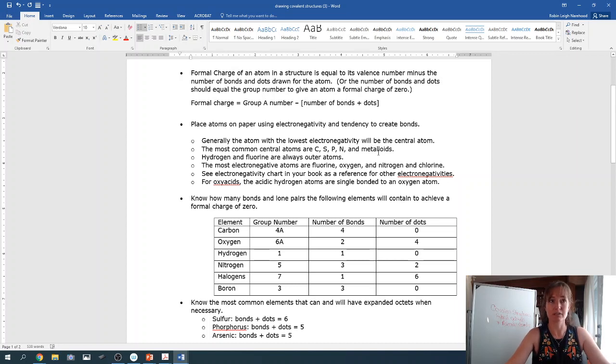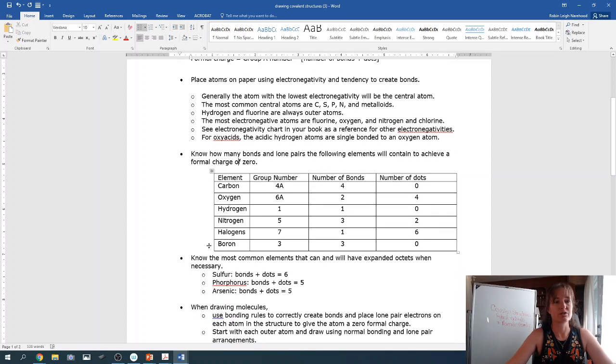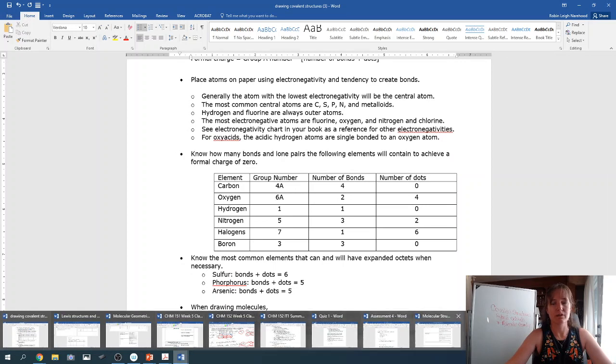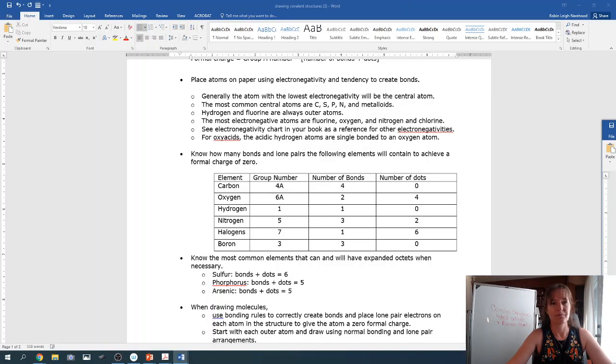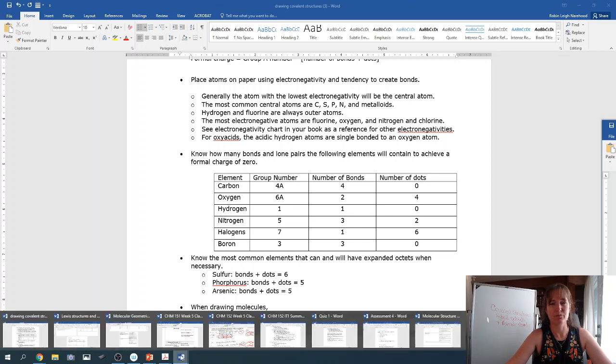We don't have any of those. Hydrogen and fluorine are always outer atoms. So that gets rid of fluorine as a possible central atom. Fluorine will be an outer atom. It's not going to be in the center. So we are going to put fluorine on the outside, and we're going to put bromine in the middle.